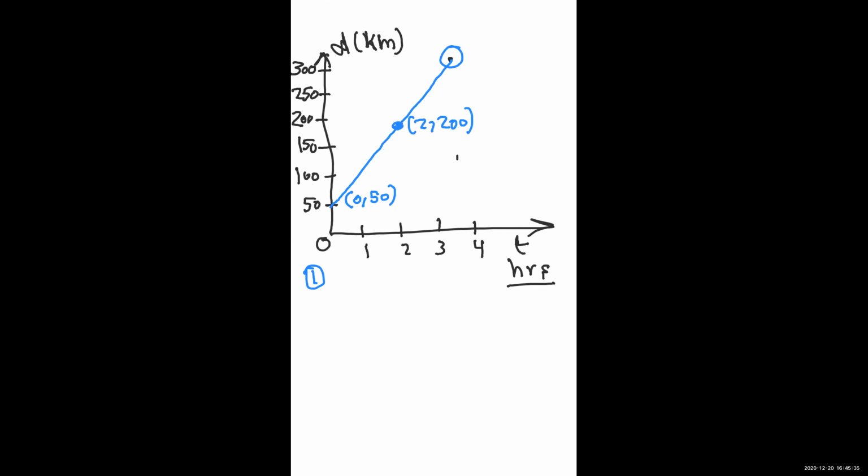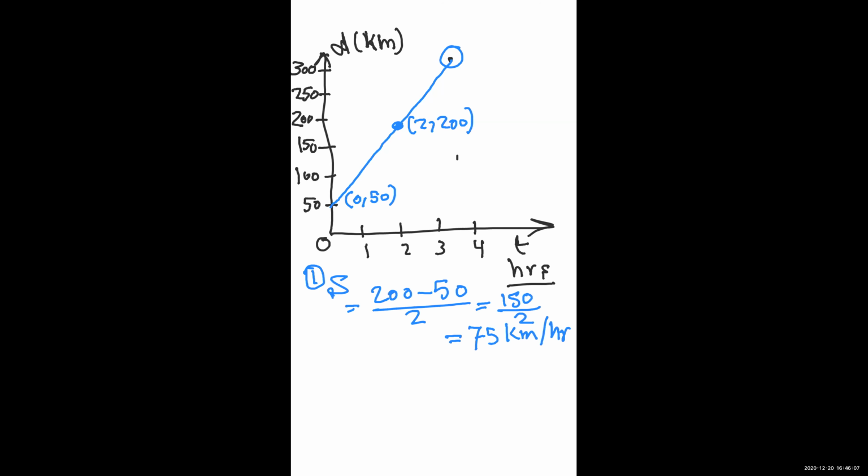So I have to use very clear coordinates. So now the speed or the velocity of the car will equal the slope, which is 200 minus 50 over 2. So it will equal 150 over 2, which equals 75 kilometers per hour.